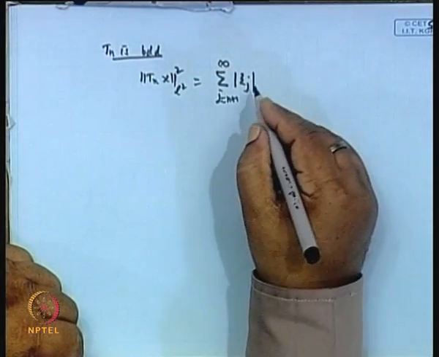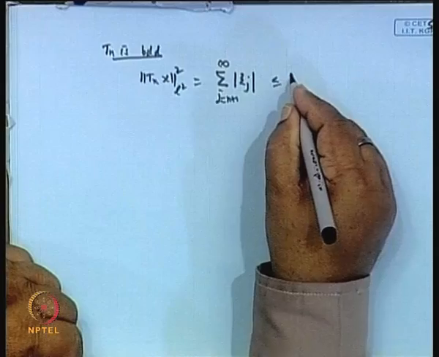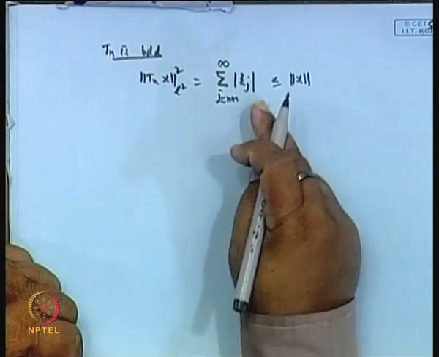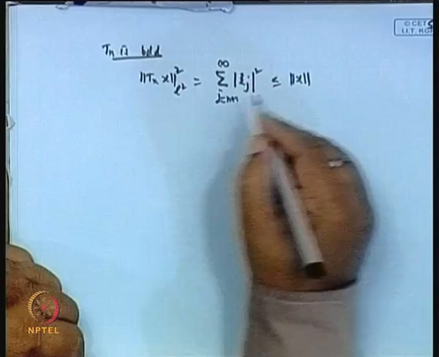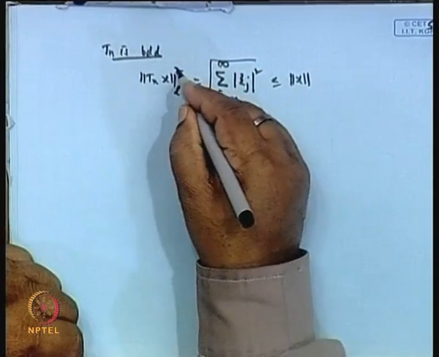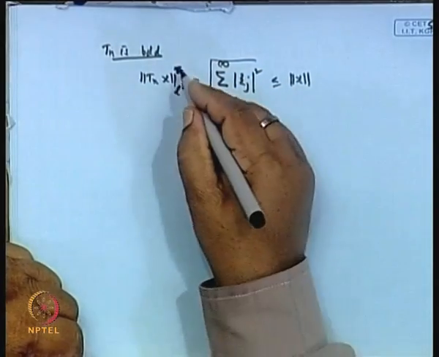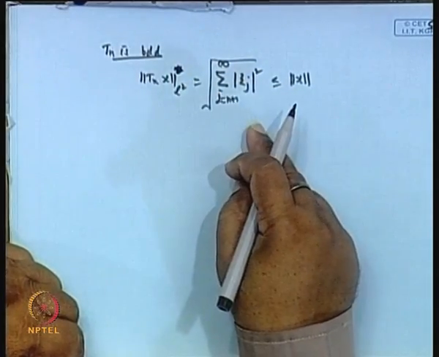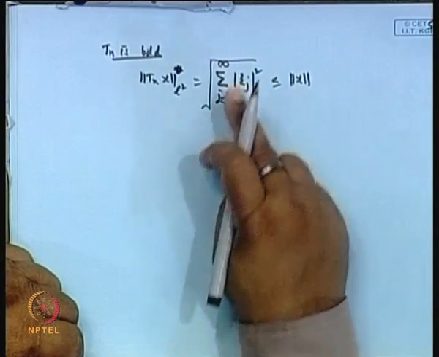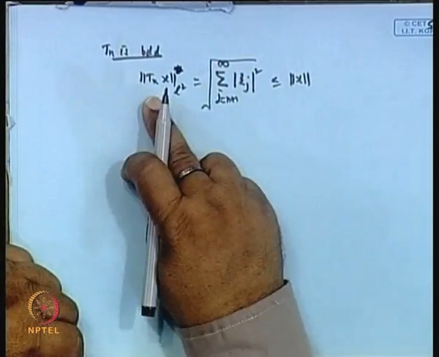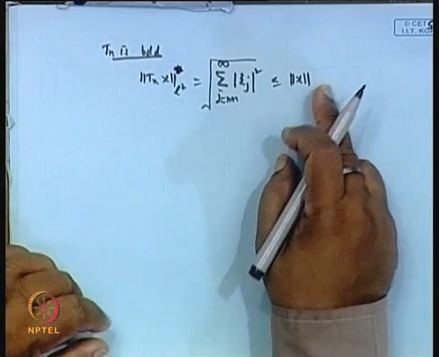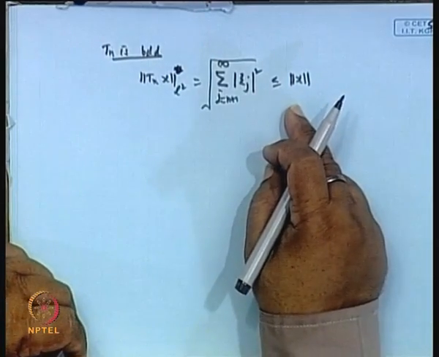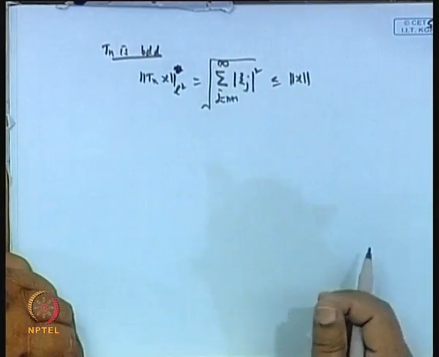Now, this is less than or equal to norm of x, since it is power half, with j equal to 1 to infinity. So, Tn is bounded. Therefore, Tn is a sequence of operators which are linear and bounded.